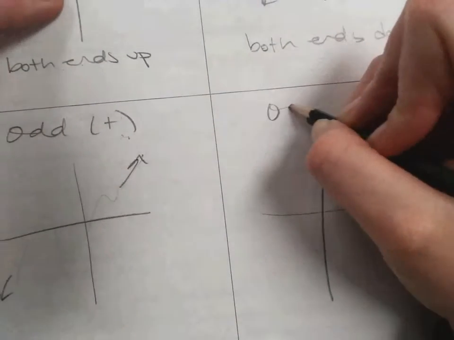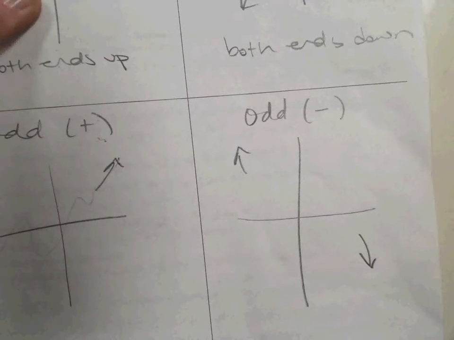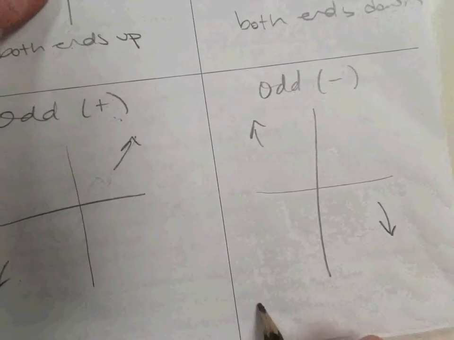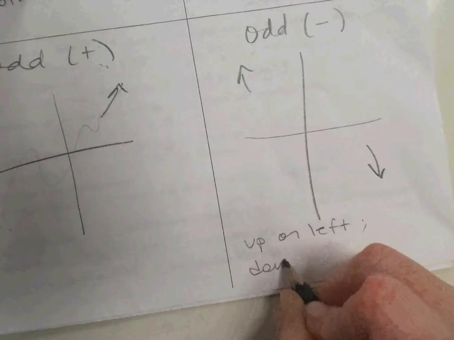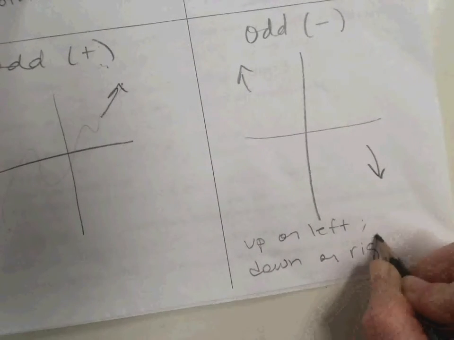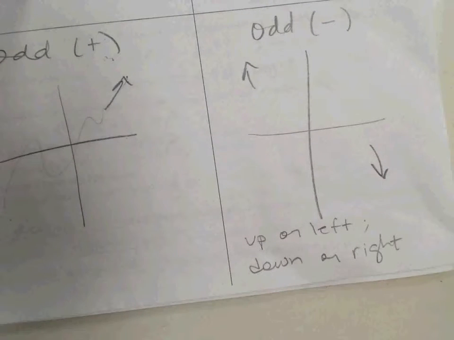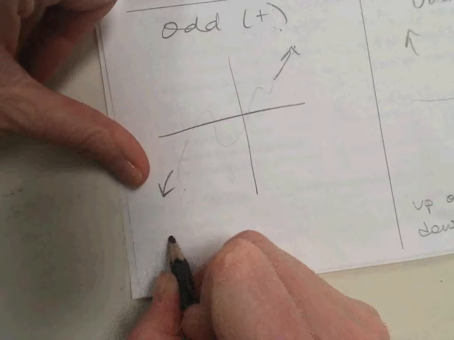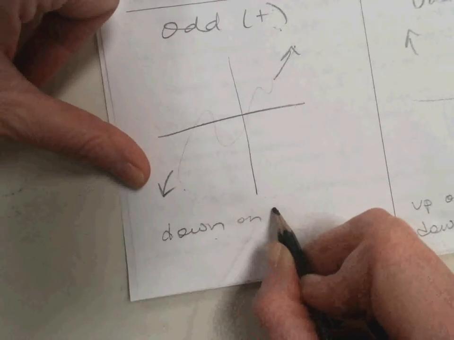But we know that the end behavior would look like this. And then finally, if we have odd and negative, it starts up, but it ends down. Odd and negative, so that would be up on left, down on right. What's the other one? Up on right, down on left.